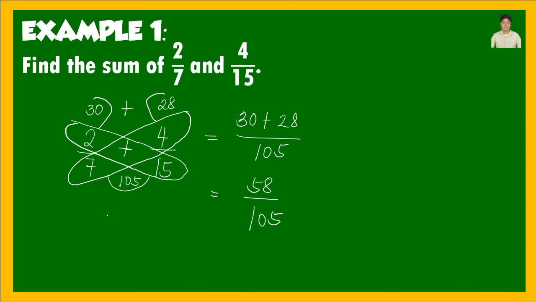So, 58 over 105, this will be our final answer. Kasi wala na po tayong number na pwedeng i-divide para i-simplify siya. So, that will be our final answer. 58 over 105.